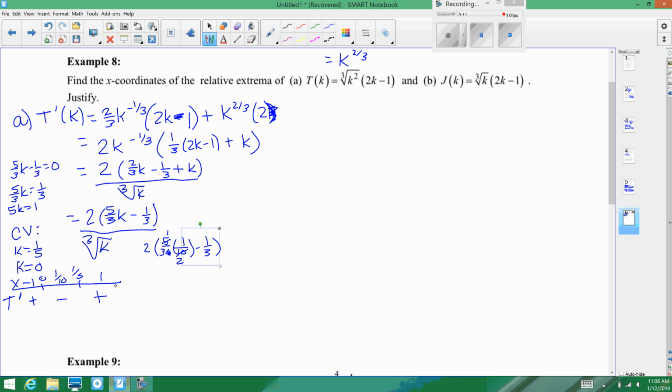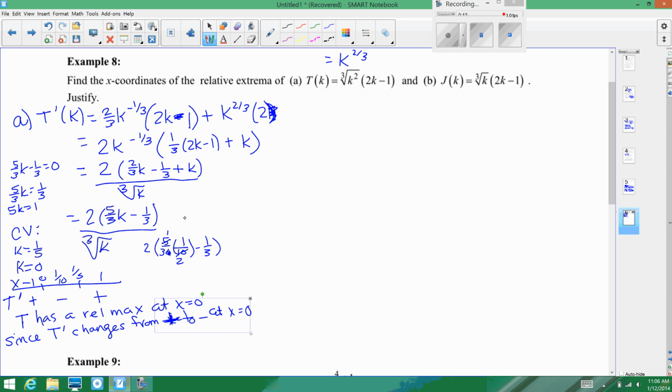Okay, so we have the x-coordinates of our relative extrema here. We have t has a relative max at x equals 0, because it's going from increasing to decreasing, since t prime changes from positive to negative at x equals 0.